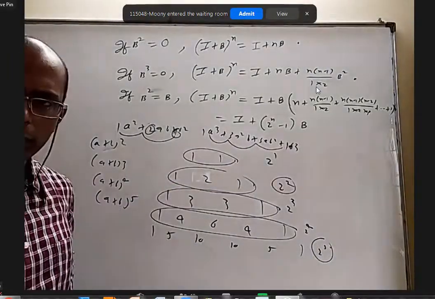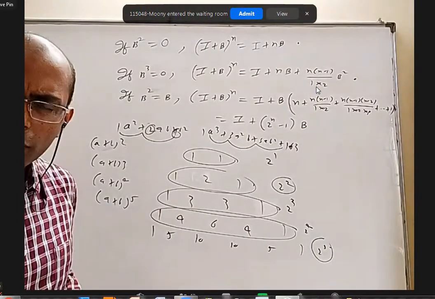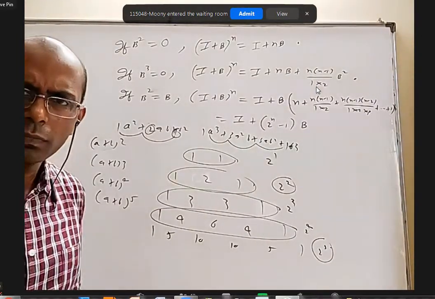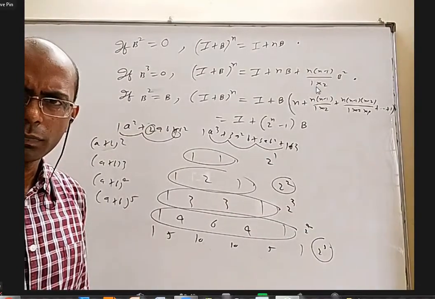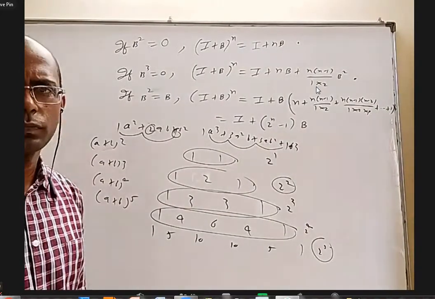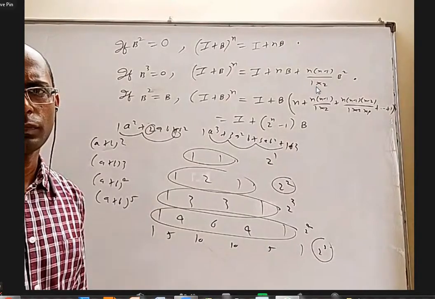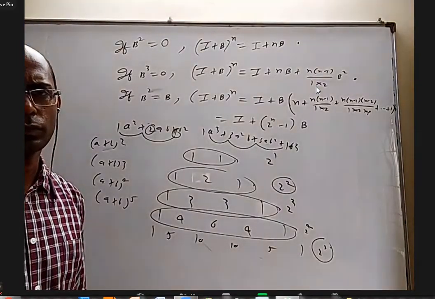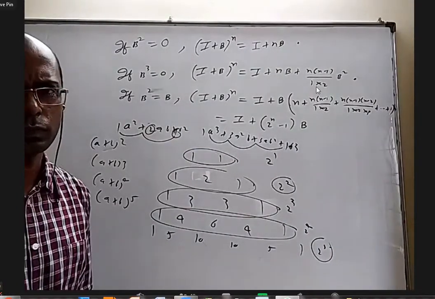Using the coefficients, can we find the equation a square plus 2ab plus b square, the reverse method?